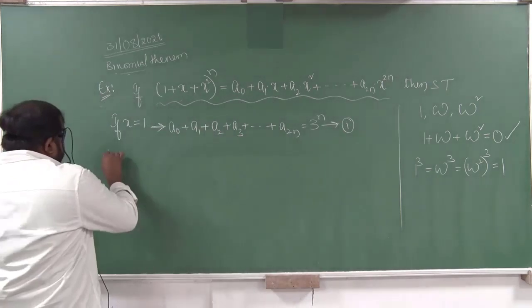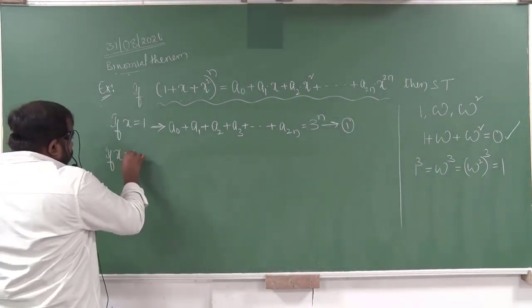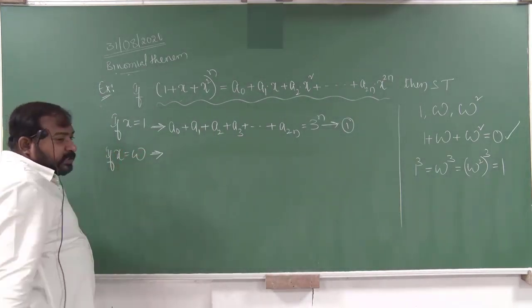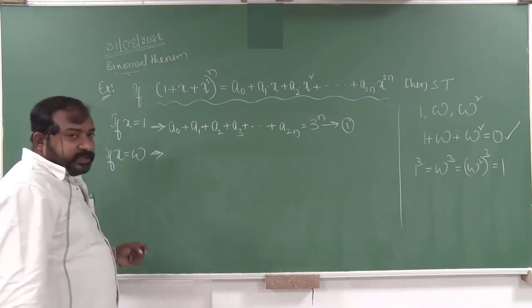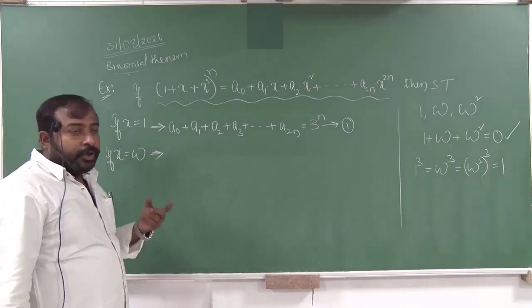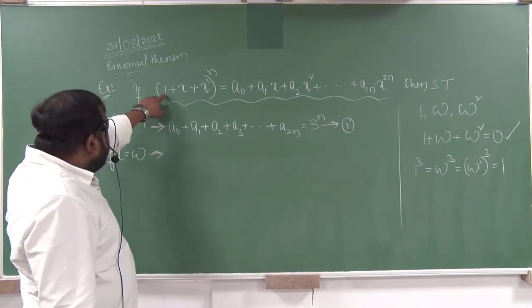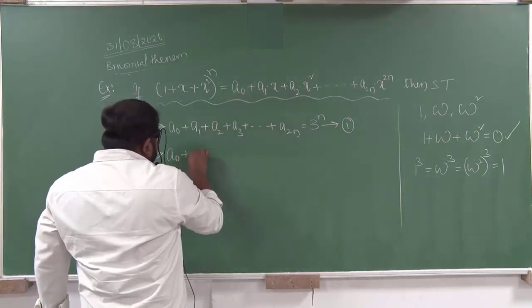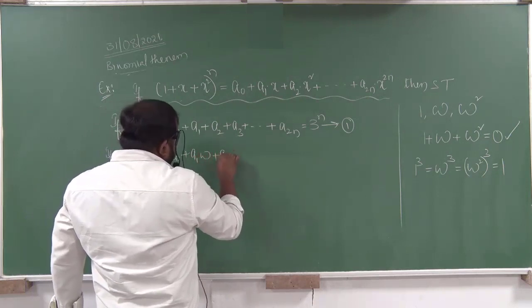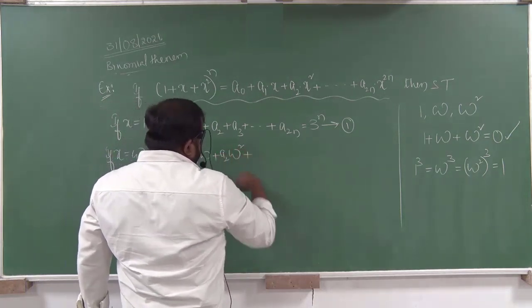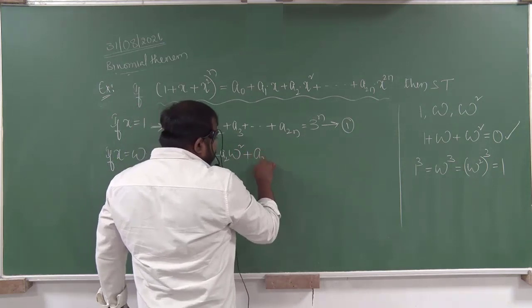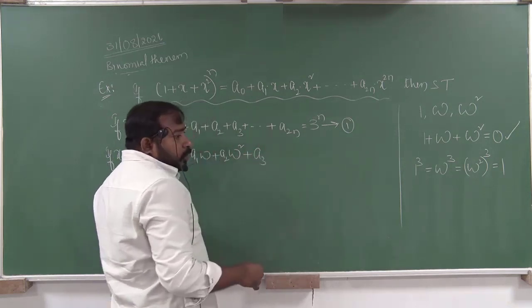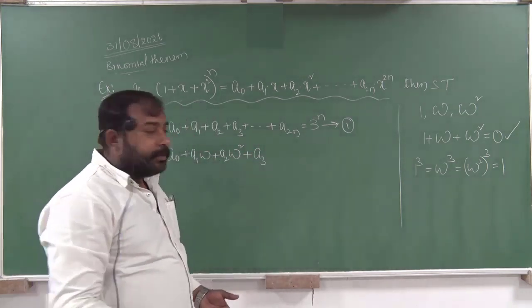Similarly, next you can replace x is equal to omega, where omega is the complex cube root of unity. If x is equal to omega, what value can I get? First tell me this value: a0 plus a1 into omega plus a2 into omega square plus a3 into omega cube. What is omega cube value again? 1 only.